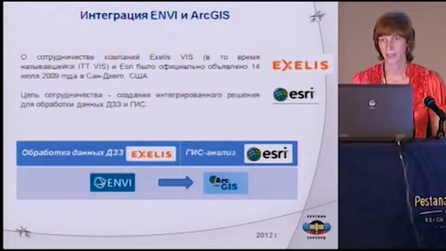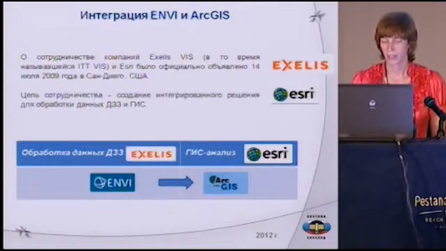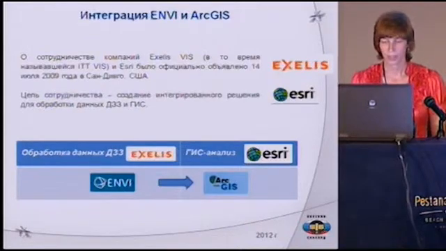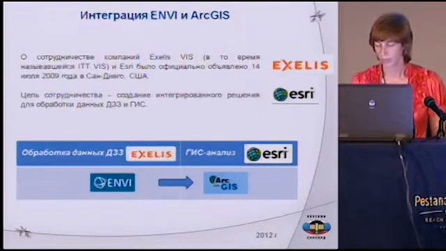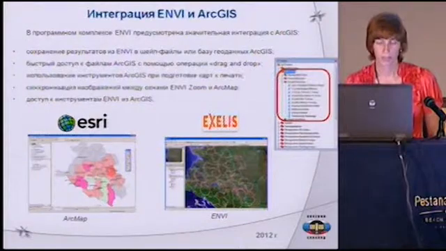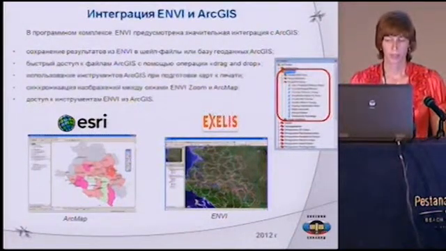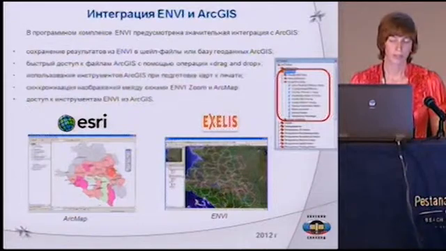Back in 2005, Axelis and S3 announced plans for strategic partnership to produce integrated solutions to handle remote sensing data. It's not a common software product that they meant. This will still be two separate product lines, but the developers seek to obtain highest compatibility possible between these two products. This is what they've done so far.